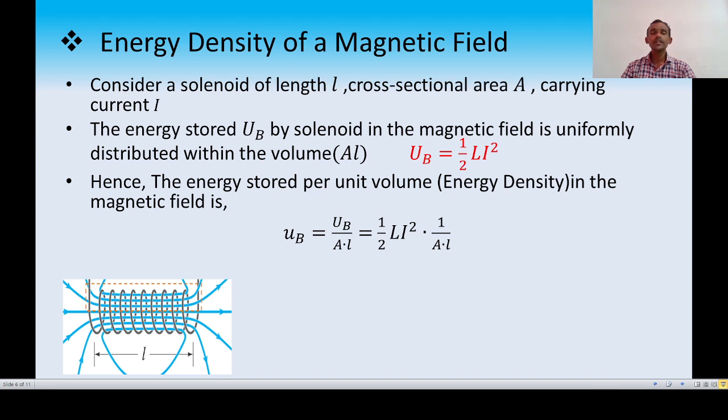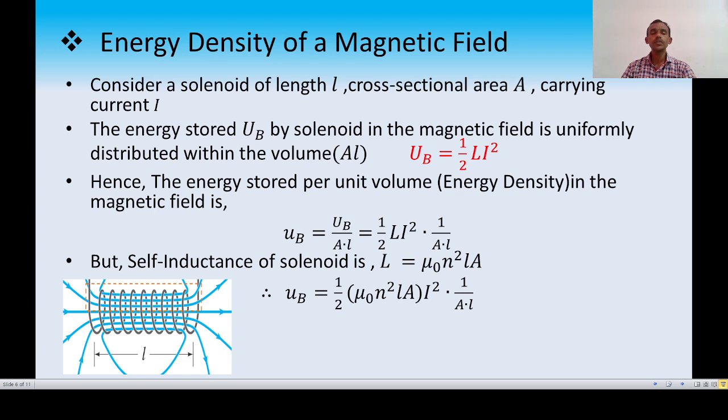Now, you know that the self-inductance of the solenoid is given by L is equal to mu 0 N square into l A. Putting this value of self-inductance in the above equation, we get the energy density, that is small u B is equal to 1 by 2 into bracket mu 0 into N square into l A into I square into 1 upon A l. Here A l, that is the volume term, will be cancelled out.